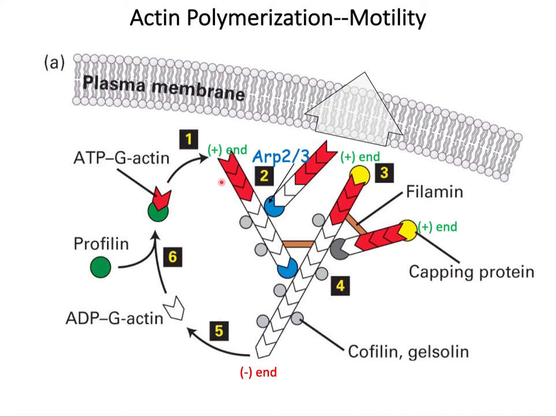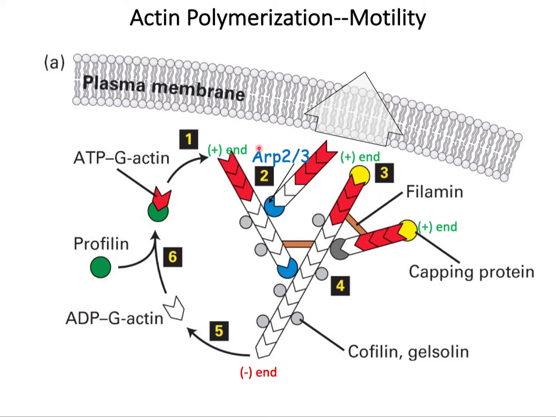Another protein seen in this diagram is filamin, a cross-linking protein. Filamin can cross-link these branches, stabilizing some of them. And then interestingly, you can have some capping proteins right here.